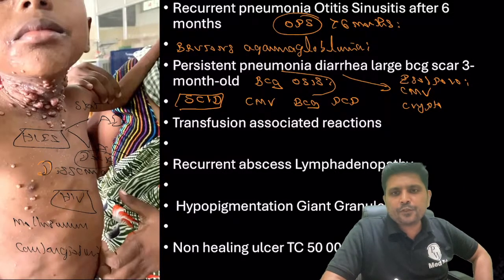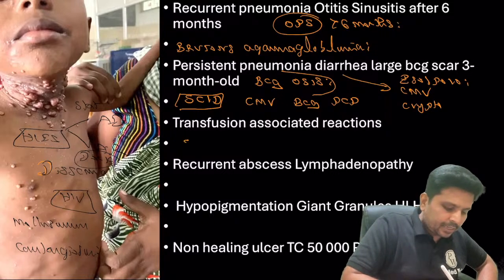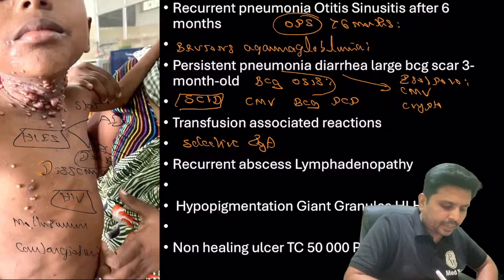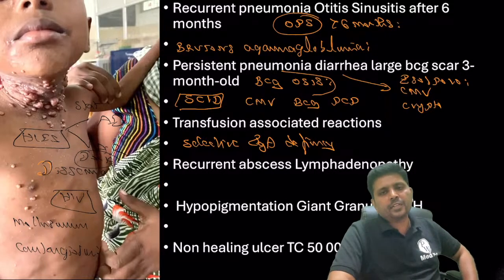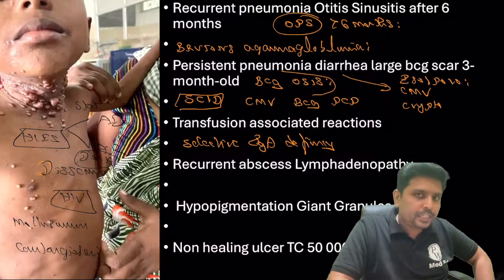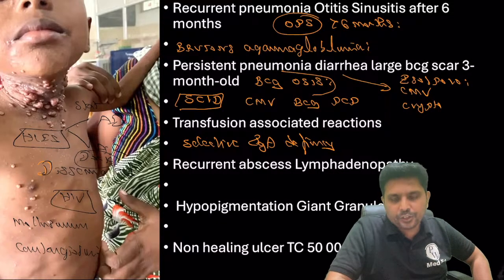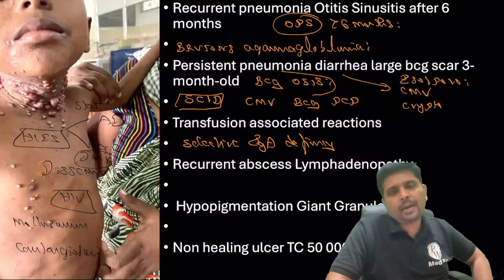What is this? Transfusion associated reactions usually occur in selective IgA deficiency. Why is it so? The answer is very simple. When you don't have IgA, the body will automatically produce anti-IgA. So if you are a person who doesn't have IgA, invariably you will have anti-IgA.